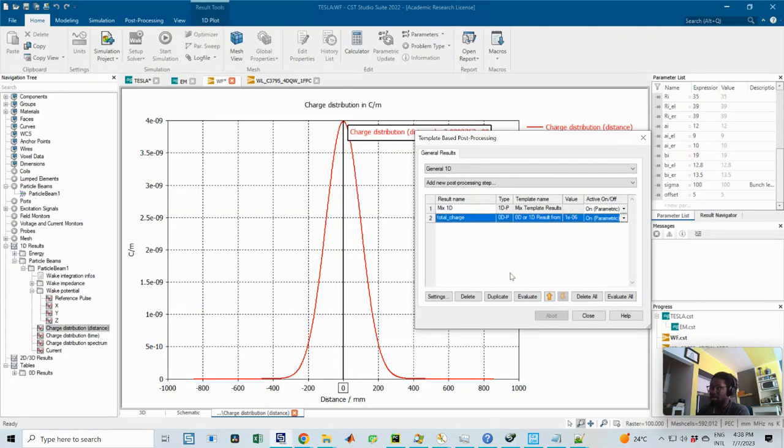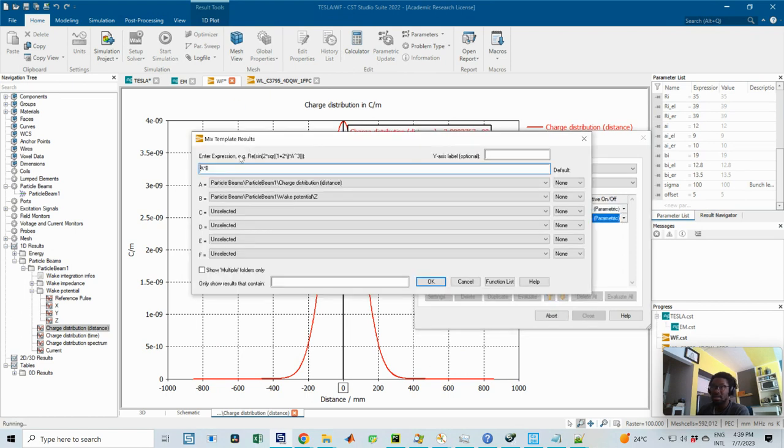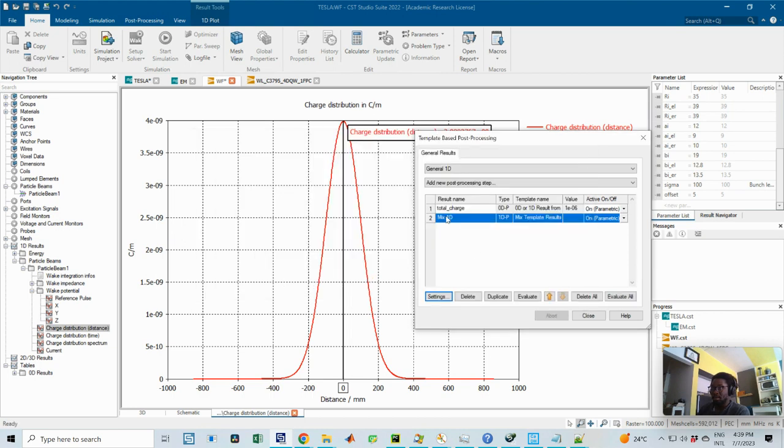I move this up and then I edit this. So this becomes divided by total charge, which is divided by C. I could call this wake potential scaled by the charge distribution, and then I put L for longitudinal.